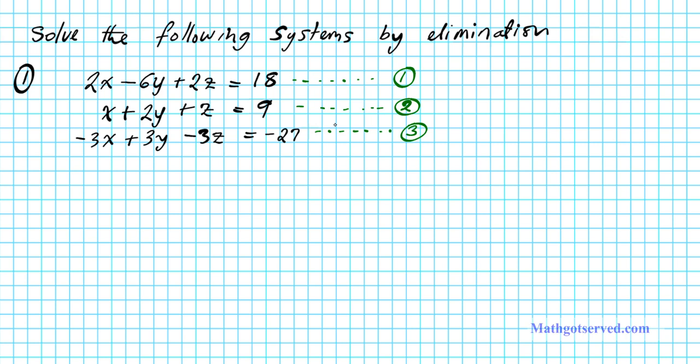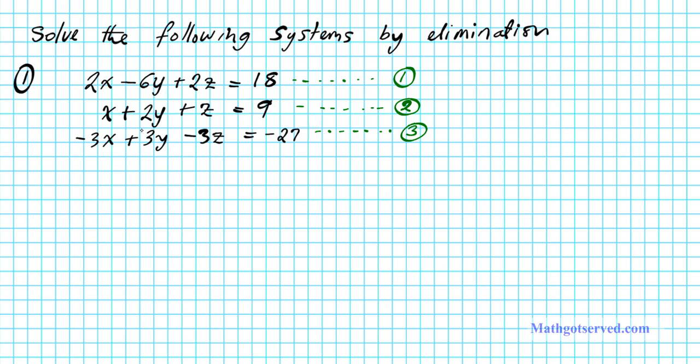So which is the easiest to eliminate? Well, what you want to do is look at the coefficients of the x's, the y's, and the z's. Whichever one has a coefficient of 1, that's normally easy to eliminate. Why is that? Well, it's easy to create an opposite if its coefficient is a 1. So let's look at equation 1: 2, negative 6, 2.